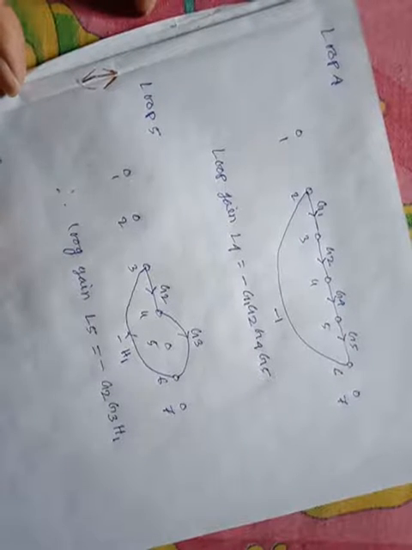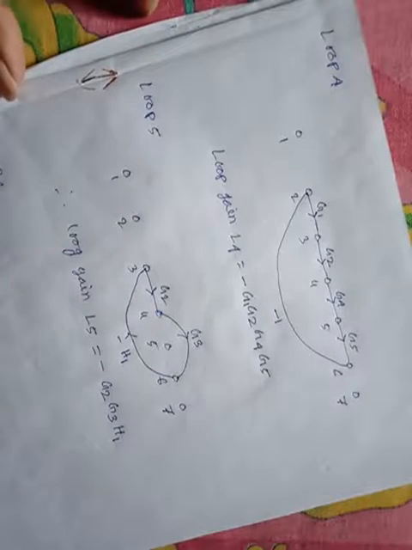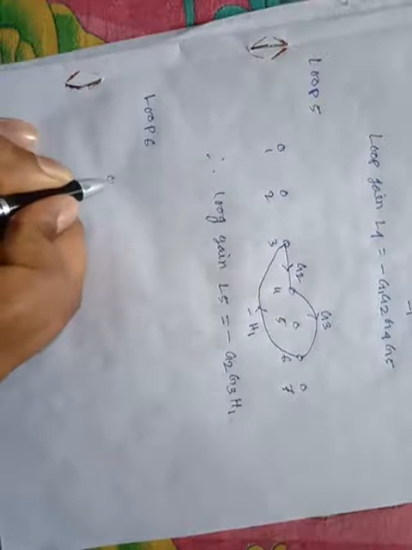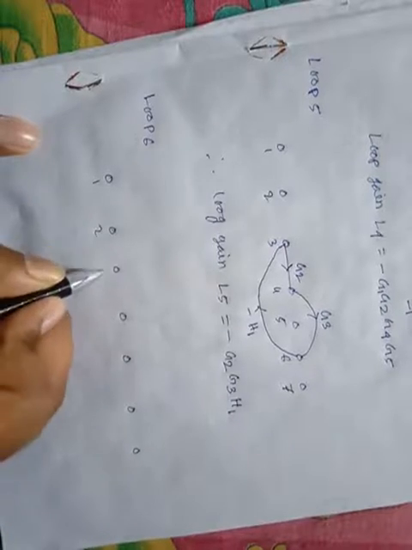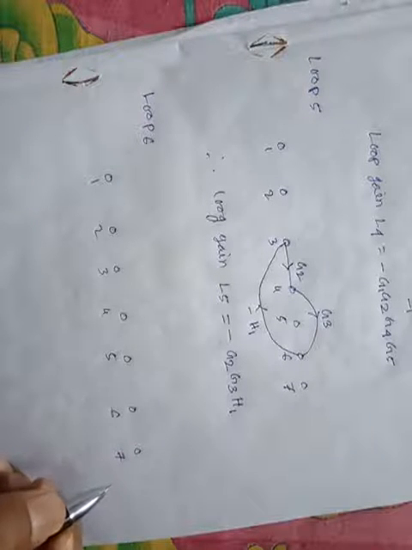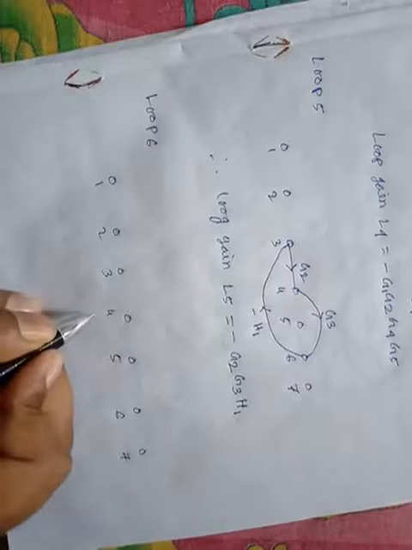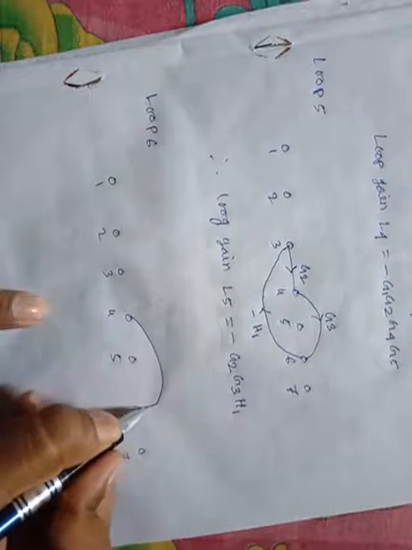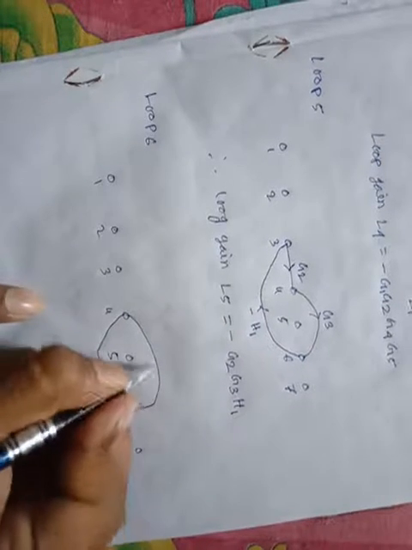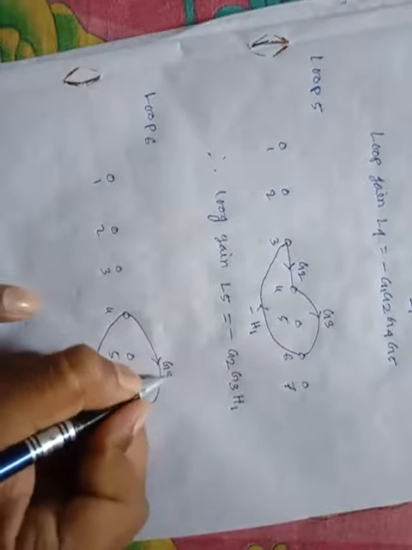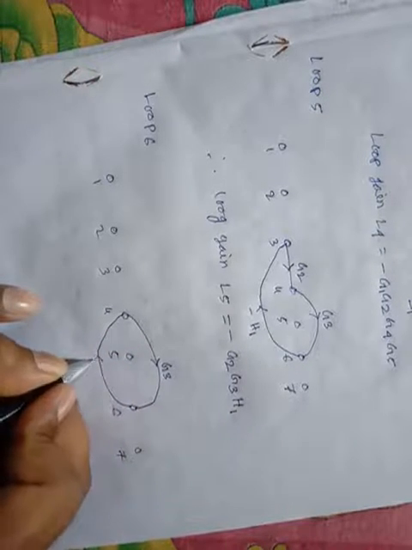And the last loop, loop 6. It goes from 4 to 6 and 6 back, with the transfer function G3 where the feedback is H2.